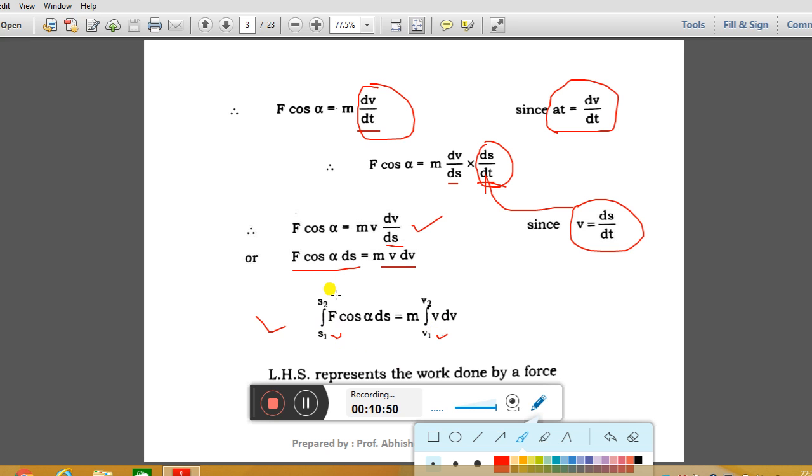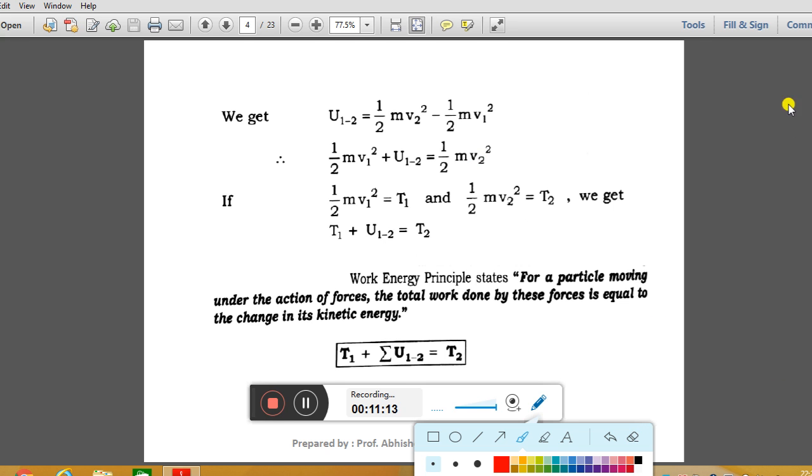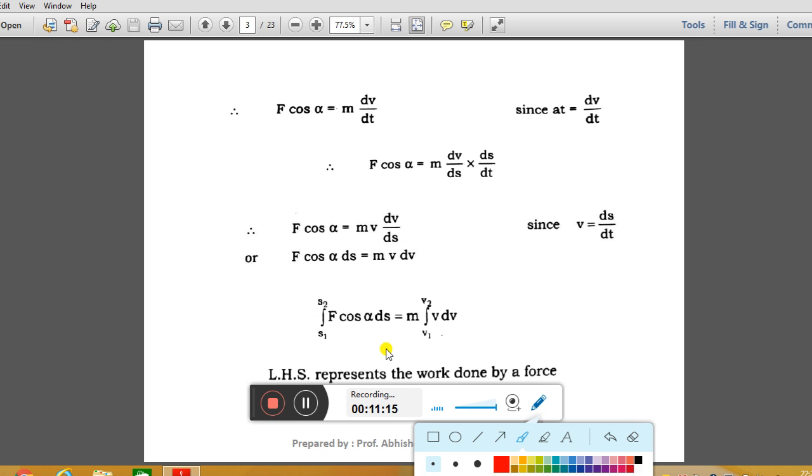When the collar occupies position S2, the collar has a new velocity V2. So we have to put the lower limit and the upper limit and take the integration, and our equation becomes this.